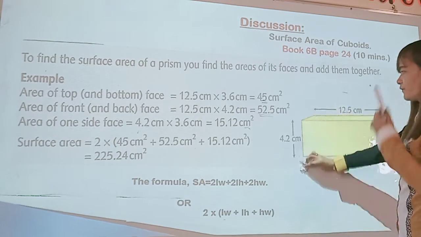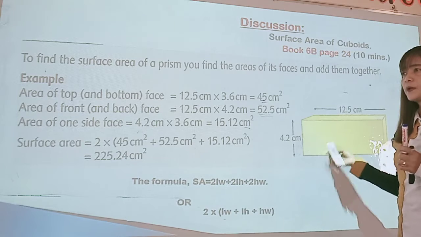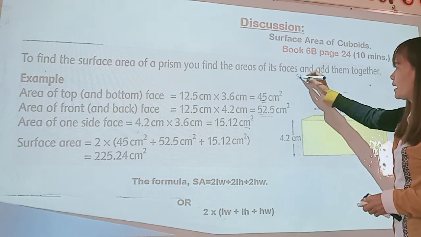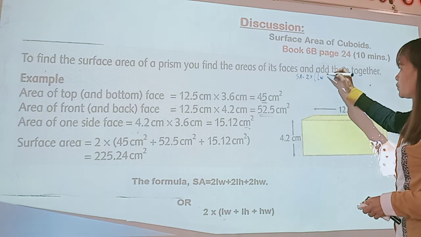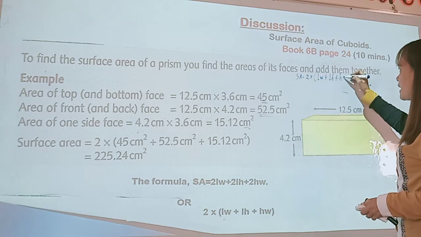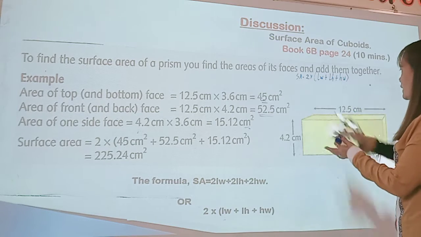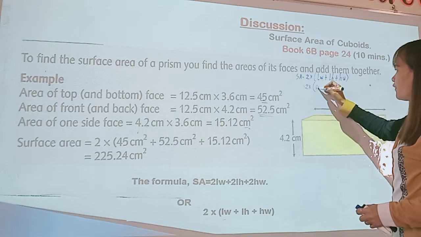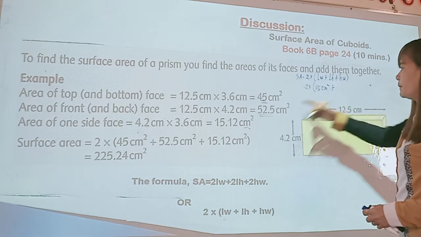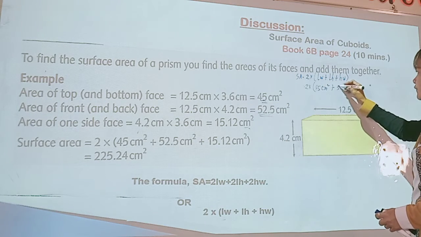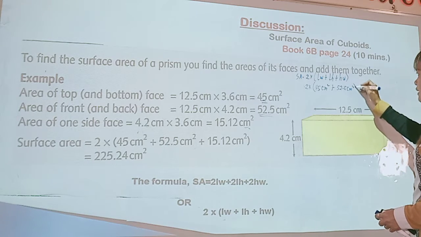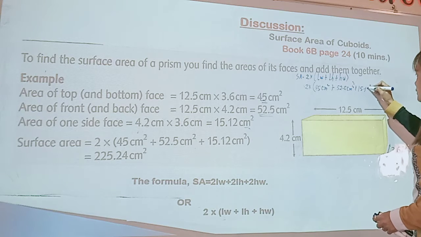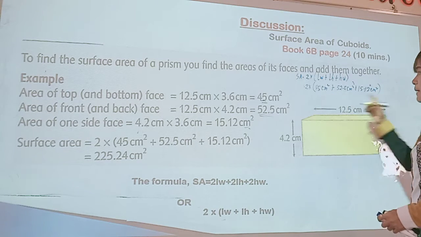Now class, let us find the surface area of the cuboid by using the formula. The formula of the surface area is 2 times the length times the width plus the length times the height plus the height times the width. Let us substitute now. We have 45 centimeters squared, plus the length times height, which is 52.5 centimeters squared, plus the height and the width, which is 15.12 centimeters squared.